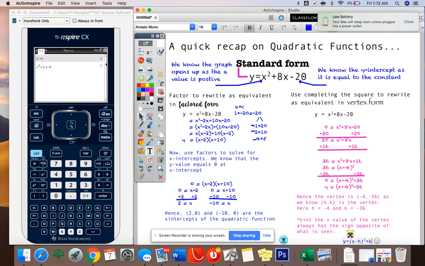When you have this vertex form of the equation, the negative sign already exists inside the equation right here. So when you're identifying your h value, it's going to be the opposite of whatever it appears to be. Since this is a positive 4, we must have said x minus negative 4. It's really easy just to remember that the x value is opposite.